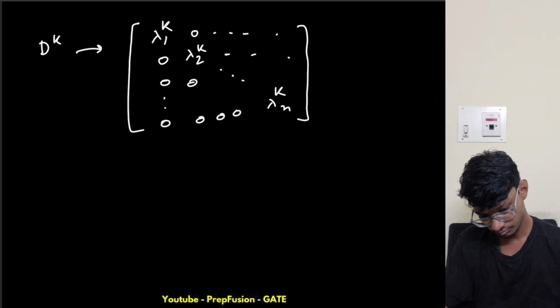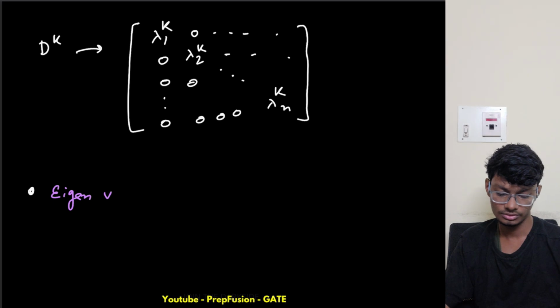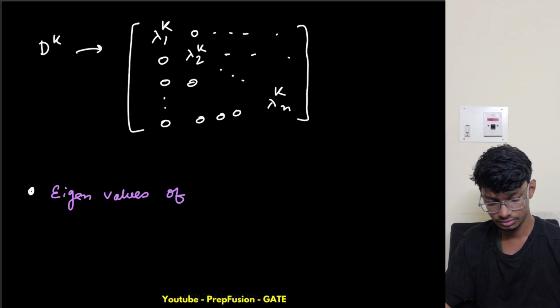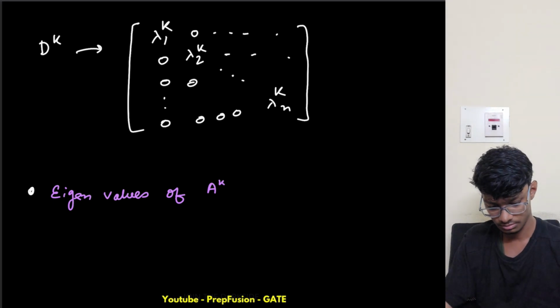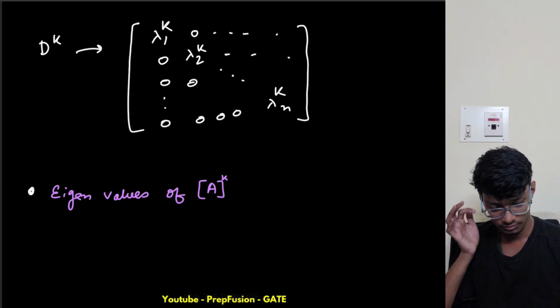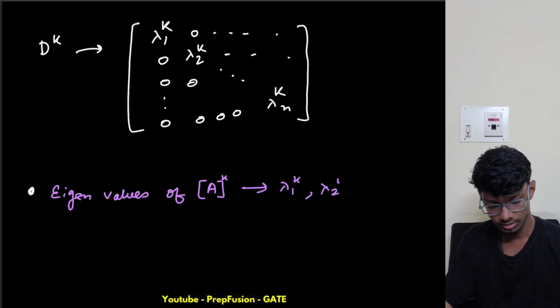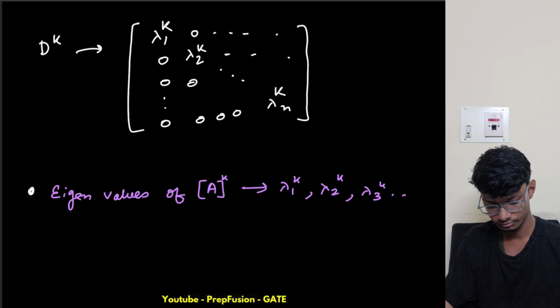So the eigenvalues of D to the power k are simply lambda 1 to the power k, lambda 2 to the power k, and lambda 3 to the power k, and so on.